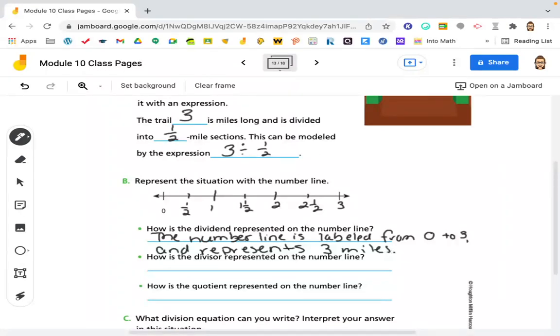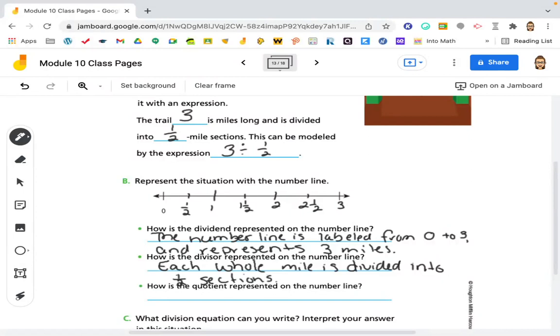How is the divisor represented? Each whole mile is divided into 1/2 sections. How is the quotient represented on the number line?